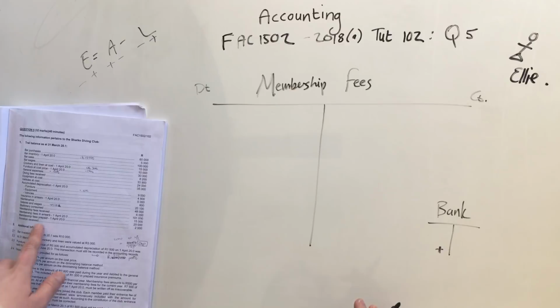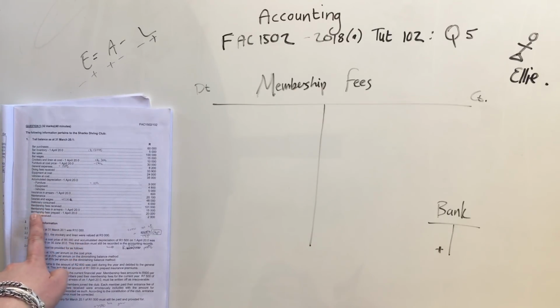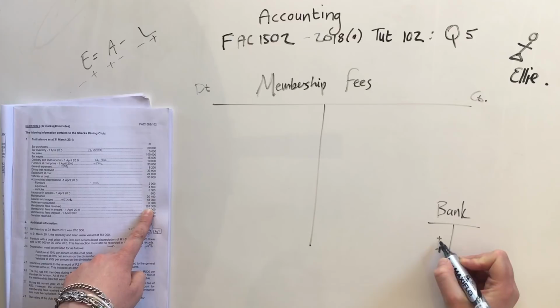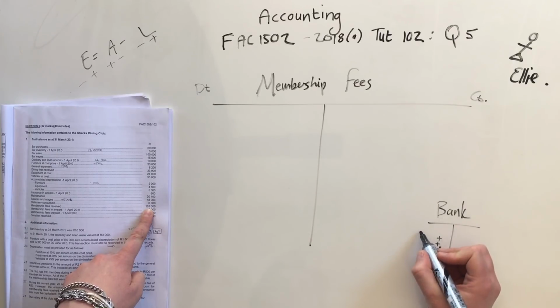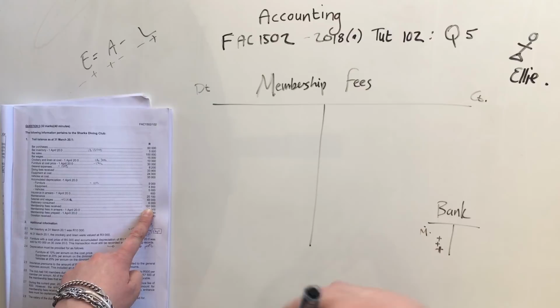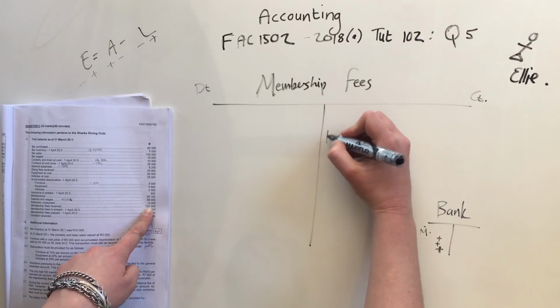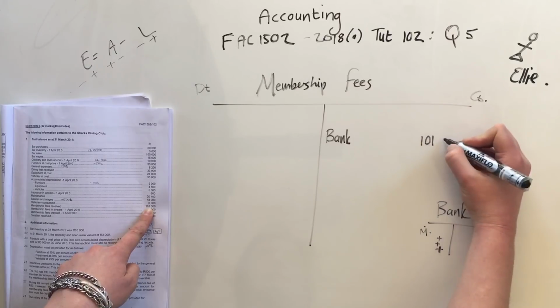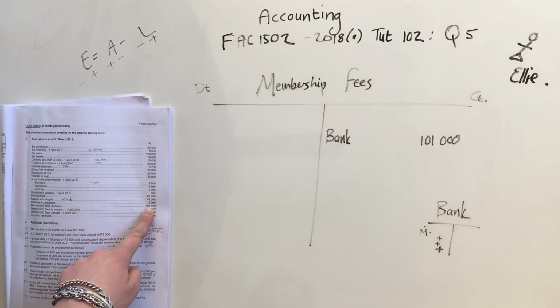Now with membership fees, you would see in the question they give you membership fees received, 101,000. If you received membership fees, it would have made your bank more. So on the debit side you would have bank, and on the credit side you'll have membership income, with the amount 101,000.